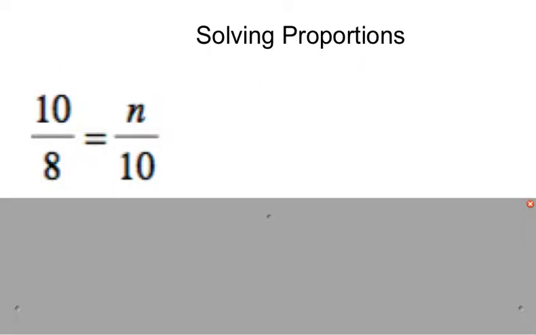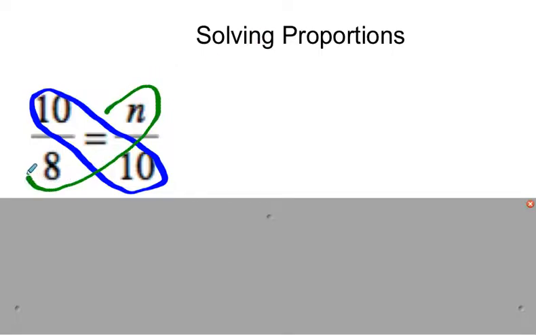The method is called butterfly. So why is it called butterfly? Because these two numbers diagonally always go together, and these two numbers here, a variable and a number, diagonally go together. So if you draw it like this, it looks like a butterfly.